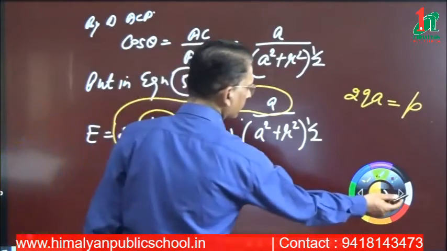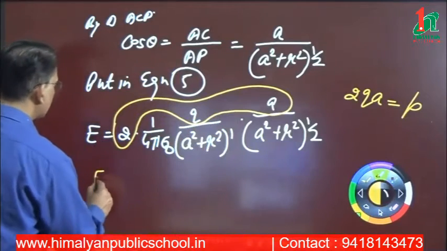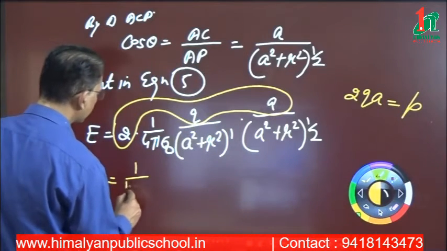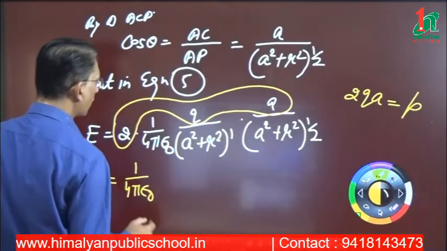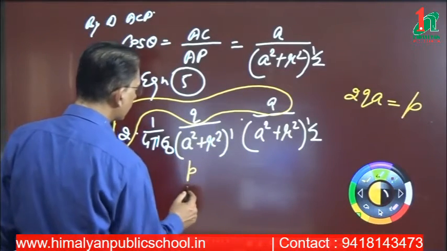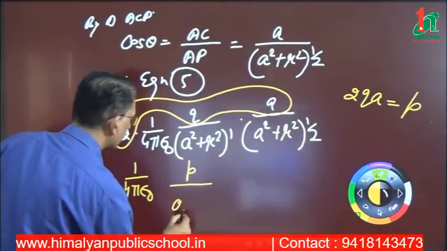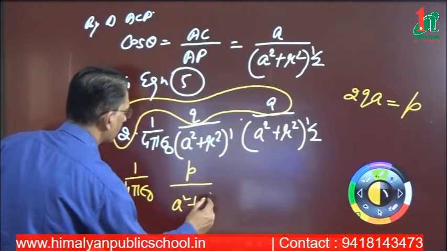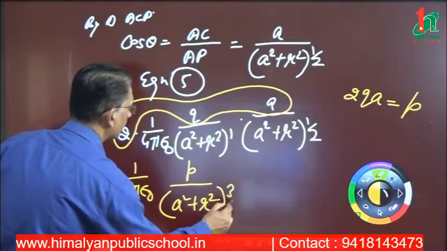So you will get E equal to 1 by 4 pi epsilon naught P upon A square plus R square raised to power 3 by 2.